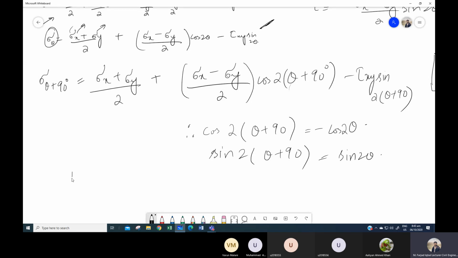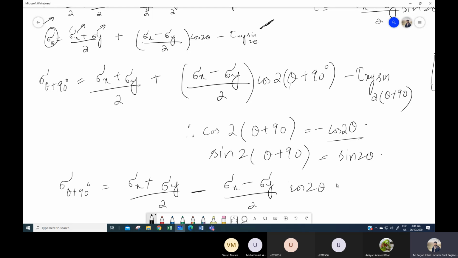If I substitute the values back into this equation, that would be sigma x plus sigma y by 2 plus sigma x minus sigma y by 2, and this is a negative sign, so we will have a negative sign over here now, and cos 2 theta, plus, so that would be minus tau xy sine of 2 theta.